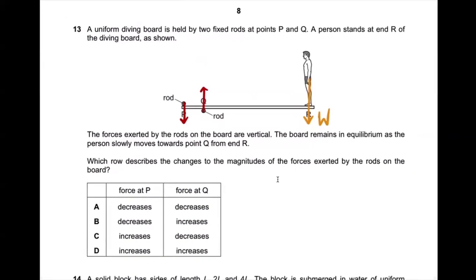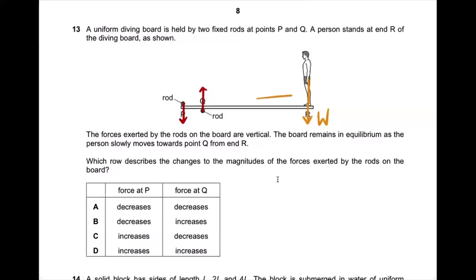As he moves here, because the distance from the pivot is reducing, the clockwise moment reduces. For it to still be in equilibrium, either the anti-clockwise moment must also decrease, or the clockwise moment should increase.